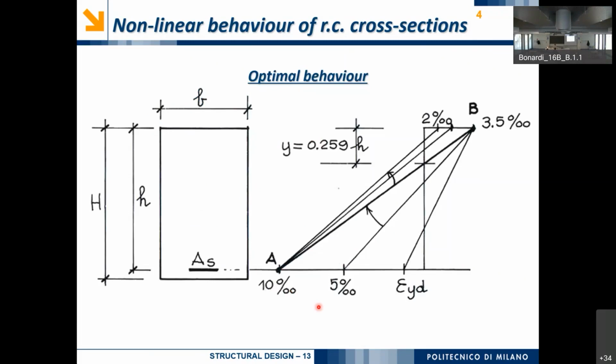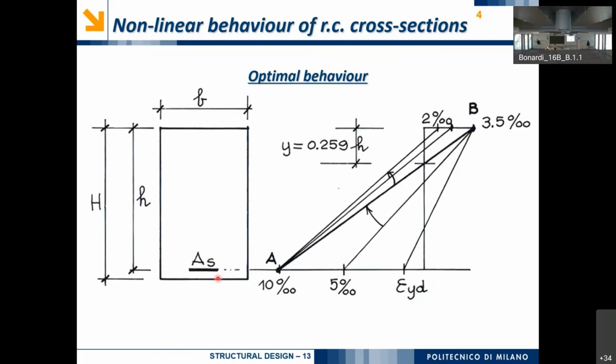Otherwise, the brittle failure is the one that possibly occurs when the whole cross-section is associated with a high level of axial force. Okay? Why? Because if we have a great part of the structure under compression, and this is typically for columns, not for beams, and the resisting reinforcement bars are not sufficient, the failure can be associated to a strain domain that is not associated with a yielding of the reinforcement bars.